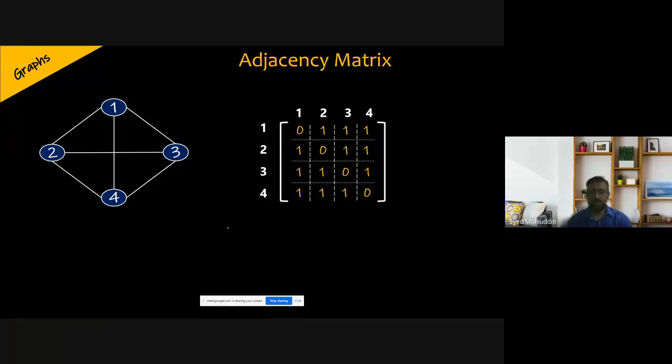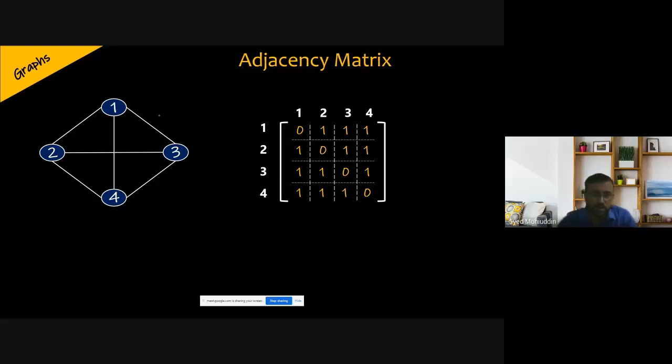Adjacency matrix is nothing but an n by n matrix, not an array, where n is the number of nodes or vertices. In this case, we have 4 vertices, so we will have a 4 by 4 matrix, and the intersection of row and column will give us an edge between them.